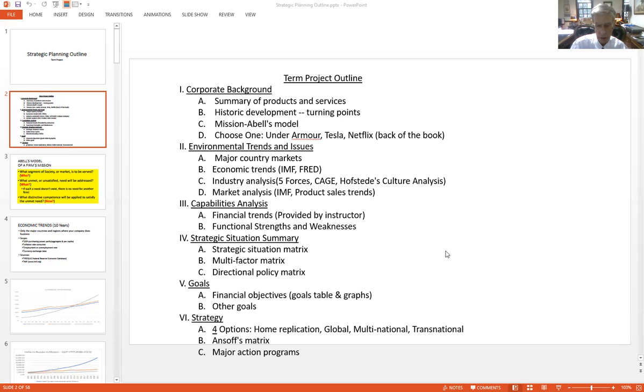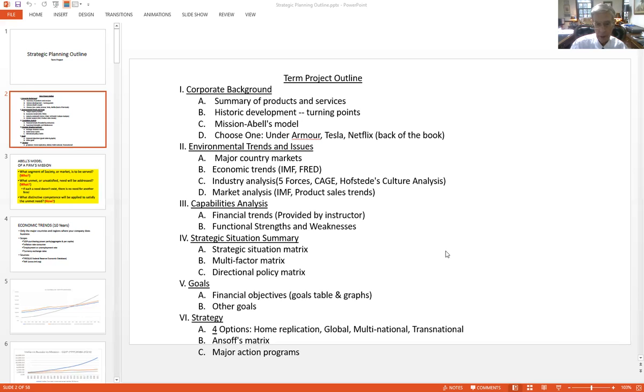You can see that one of them is divided into 4 options, which we will discuss. There is a wonderful matrix, the Ansoff matrix, that will help us choose from alternatives, and some other matrices that are not listed on this outline just because there's not enough room.